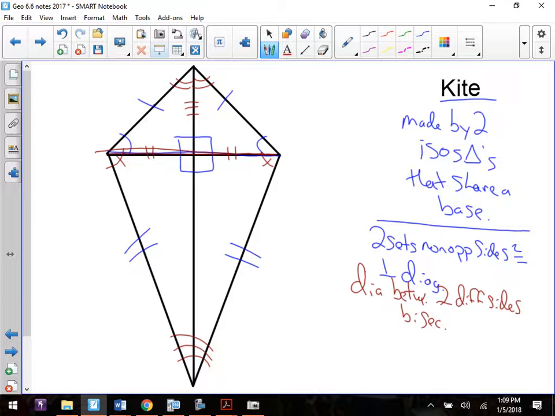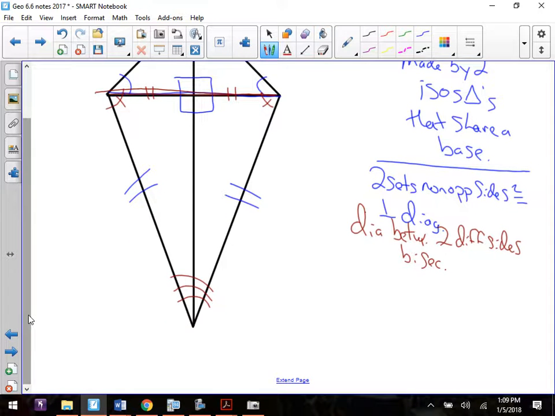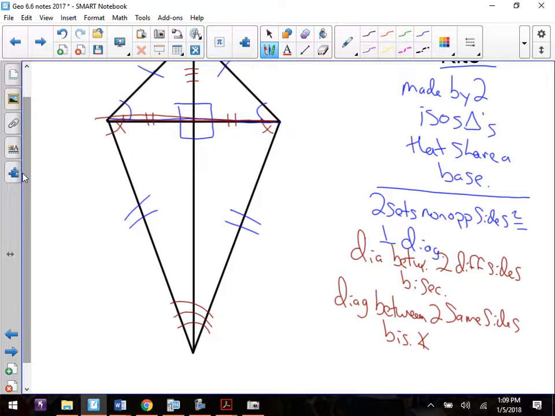The diagonal between the two same sides bisects the angle. So we have, they're perpendicular.